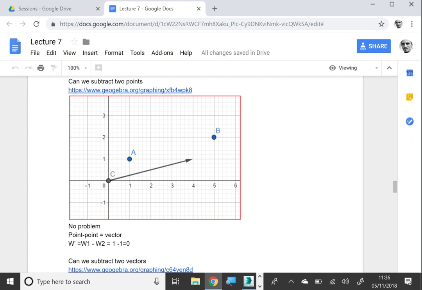On the x-axis, 5 minus 1 is 4. And on the y-axis, we get 2 minus 1, which is 1. So we subtract 2 points, we get a vector. And again, in the w's, 1 minus 1 is 0.